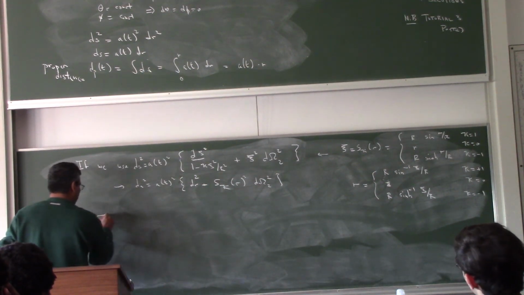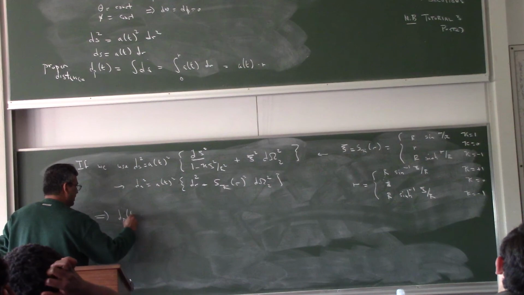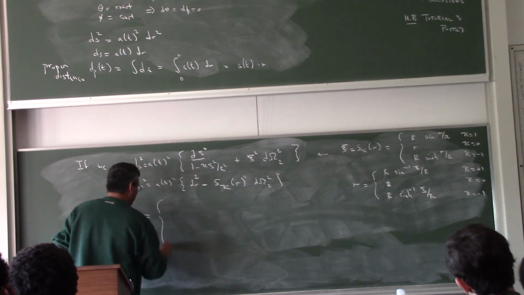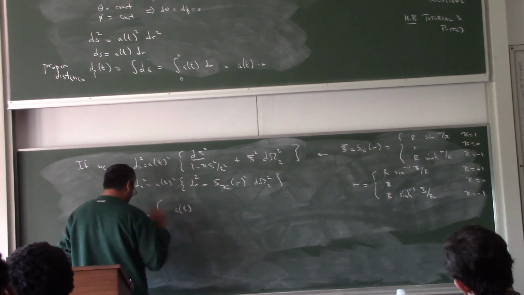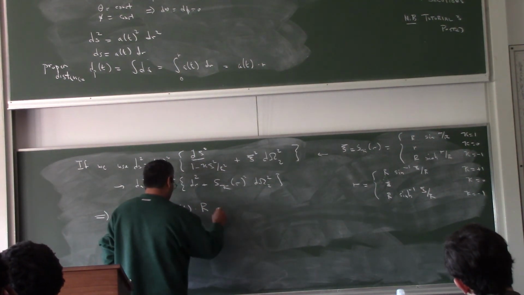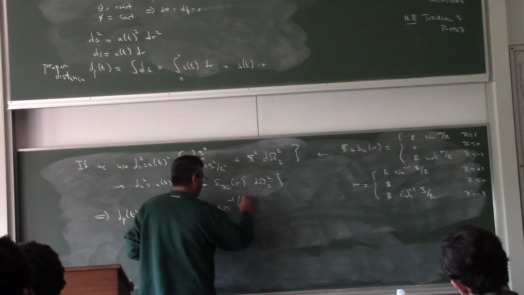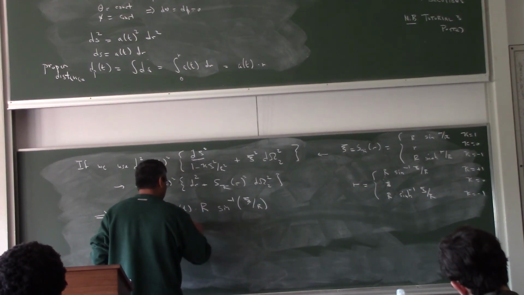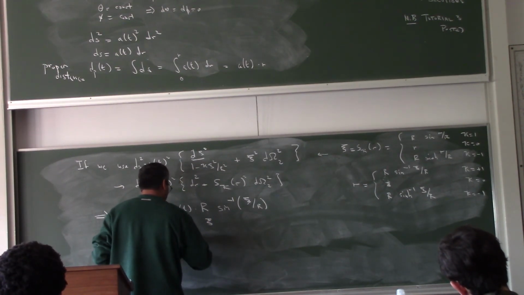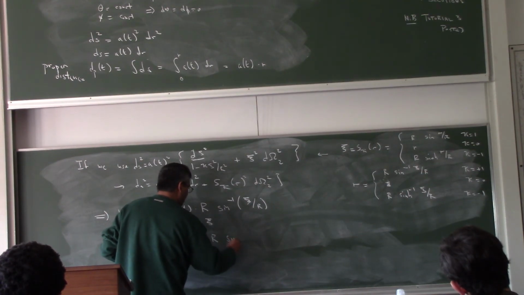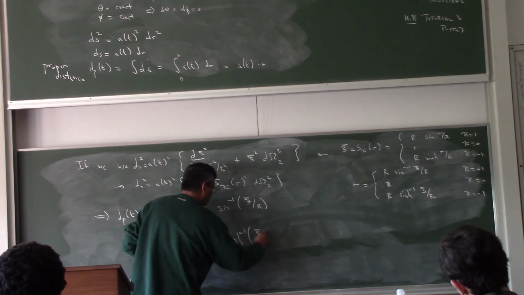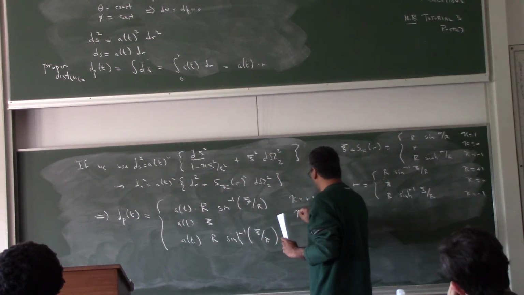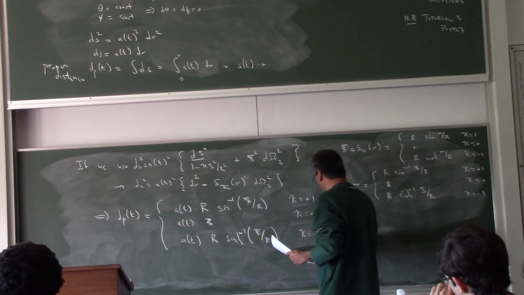So, in this language, dp of t, this proper distance I computed, equals a of t times r, so it's a of t R sine inverse chi over R, a of t times chi, or a of t times R sinh inverse chi over R, depending upon whether kappa is plus 1, kappa is 0, or kappa is minus 1.